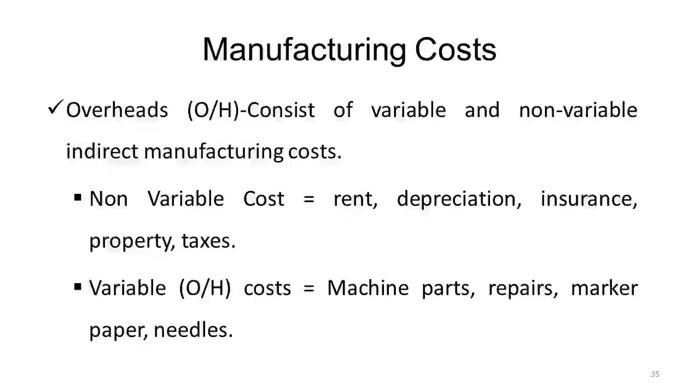we also have overheads. Now, overheads consist of variable and non-variable indirect manufacturing cost. Now, non-variable cost is like the rent of the factory, depreciation of the machine, insurance of the people, and insurance of the building and the machinery, etc. Then we have the cost of the property, the opportunity cost, and then the taxes that we pay.